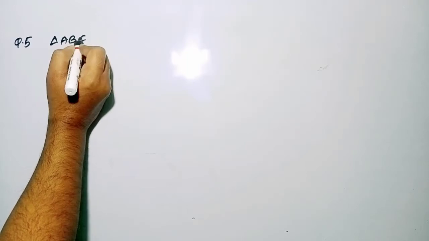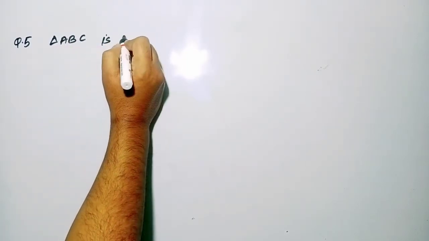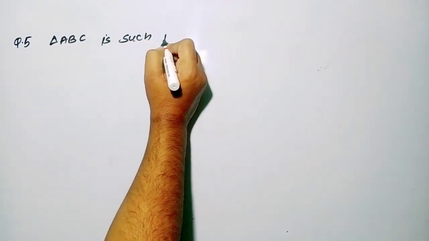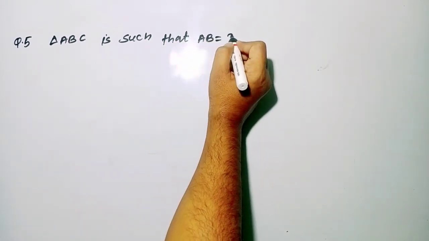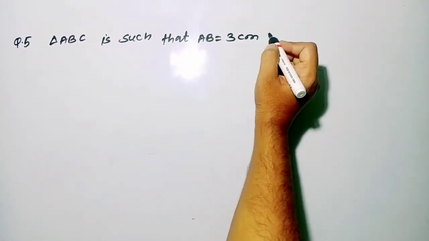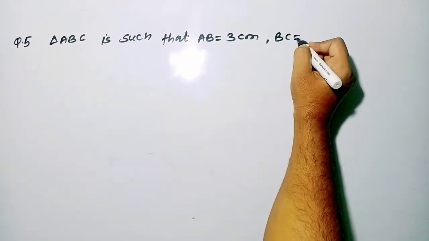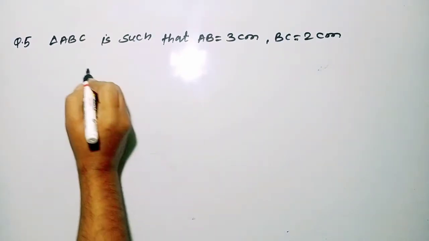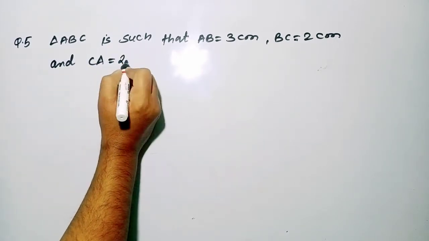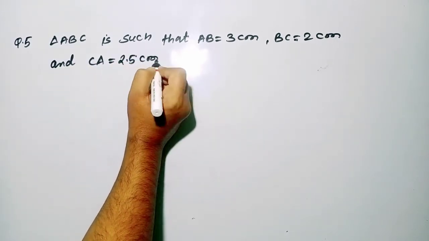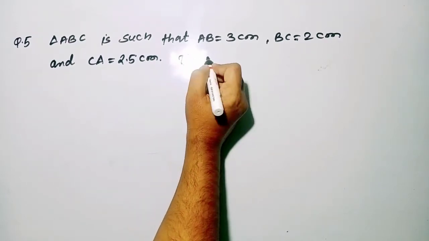Question number 5. Triangle ABC is such that AB is equal to 3 centimeter, BC is equal to 2 centimeter, and CA is equal to 2.5 centimeter.